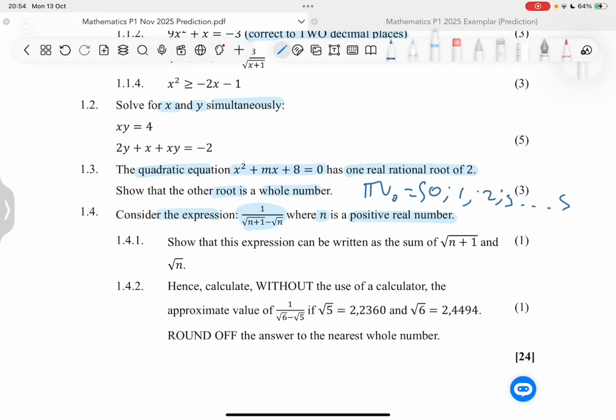Now under question 4.1.1, they say that we should show that this expression can be written as the sum of root of n plus 1 and root of n. Now remember, when we talk about the sum, we're talking about the number that you get after addition. So in other words, we want to say here that this can be the sum of this and that.